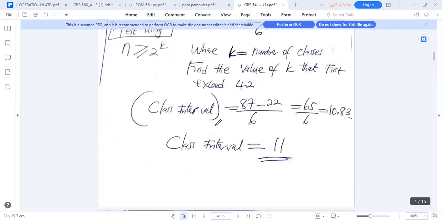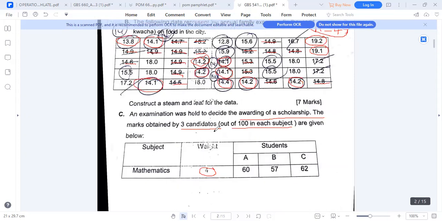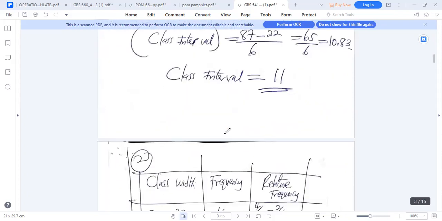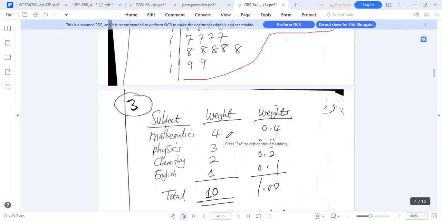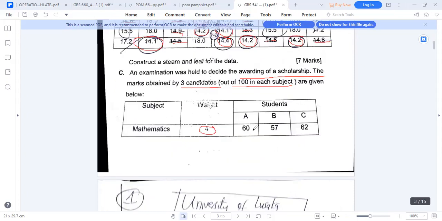So we have to multiply these by their respective weights. So for the weighted mean for A, we had to multiply 0.4 by 60, from what we have been given here. For A, we had the 60 there.